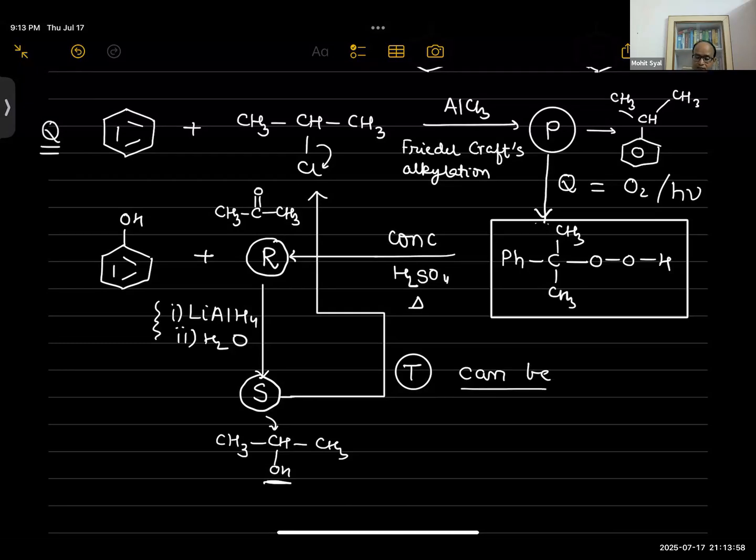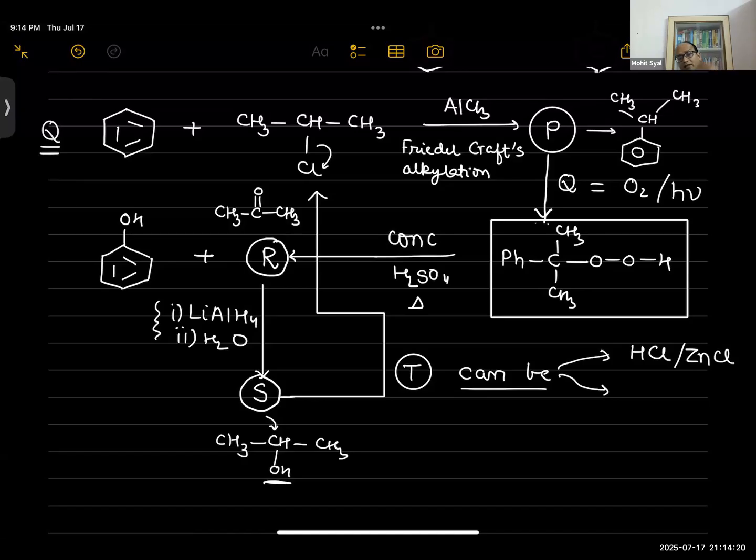Ibrahim, tell me what all reagents we have seen in the previous chapter. HCl. It could be HCl, very good. HCl and ZnCl2, you can take the catalyst. Exactly.